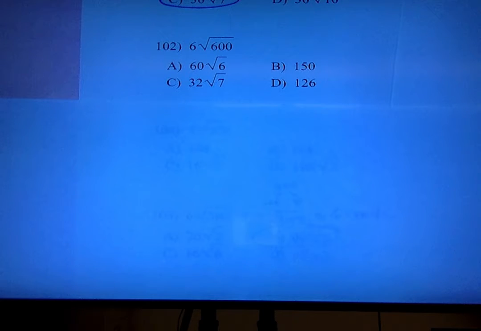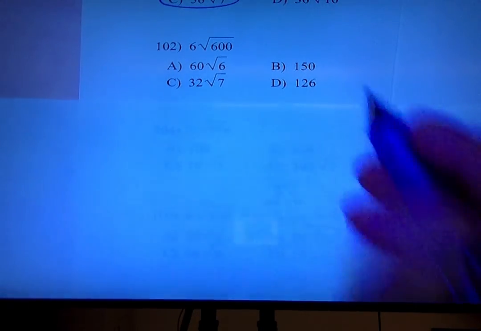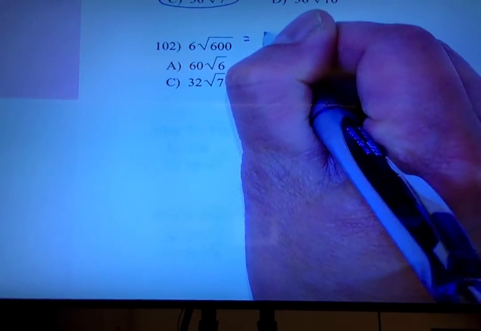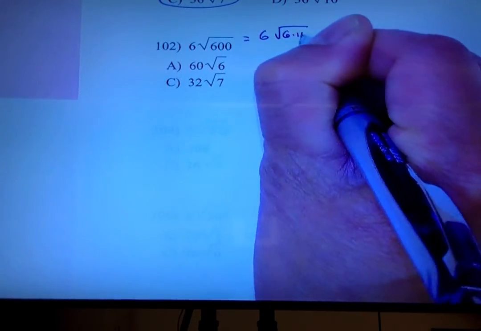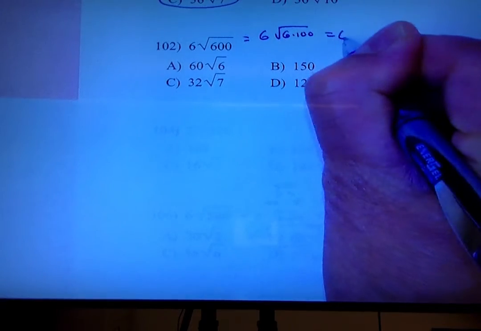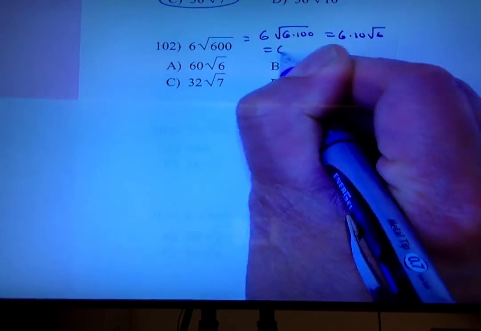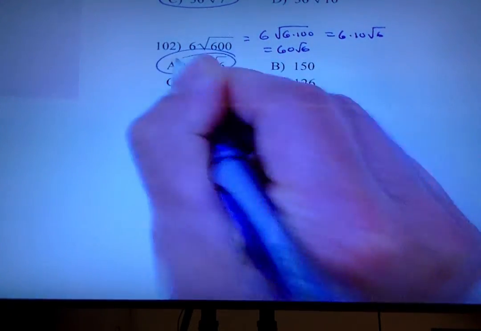We know that 100 is a perfect square, and 600 is just 6 times 100. So this is going to equal 6 times the square root of 6 times 100. 100 is 10 squared. That comes out. So that's 6 times 10 times root 6. And we know that that is 60 root 6.